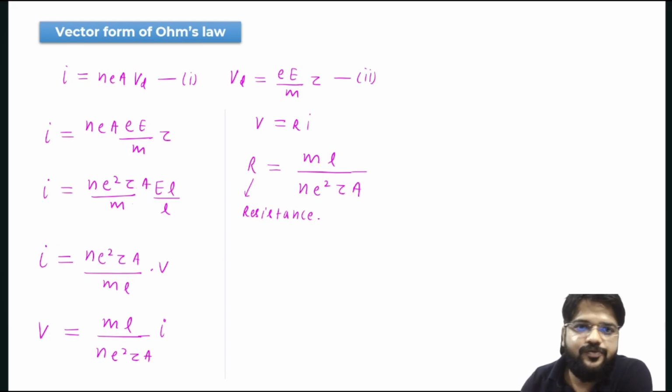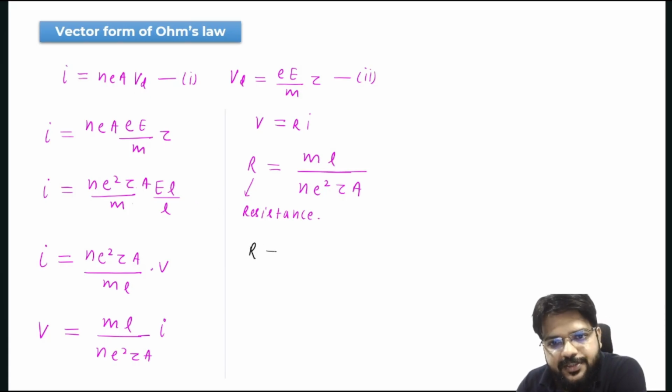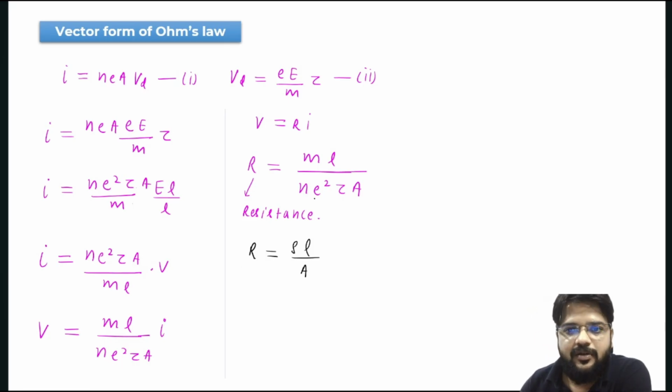Now we know one more thing. Resistance can be written as rho L by A also, correct? So with this L and A we have m by ne square tau. This thing we have.